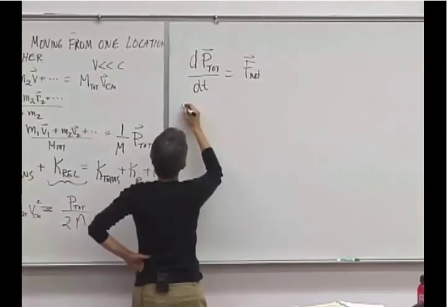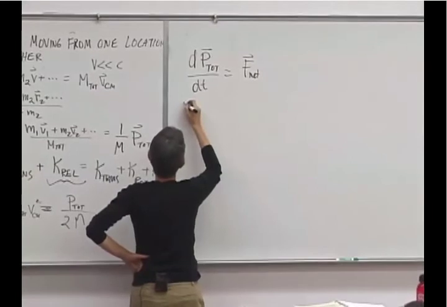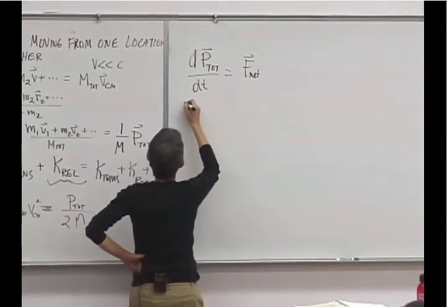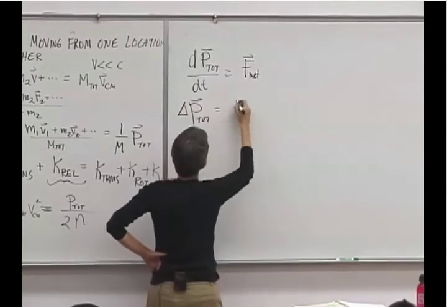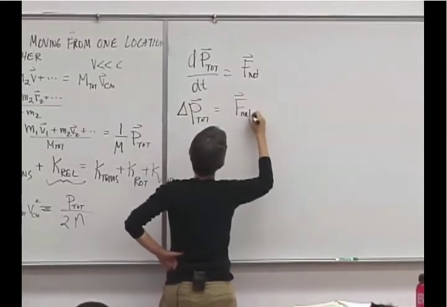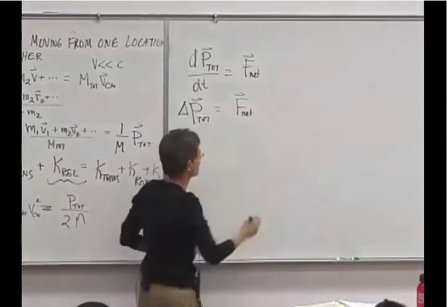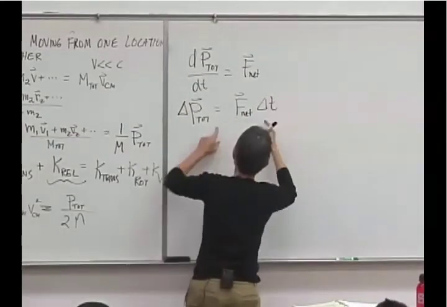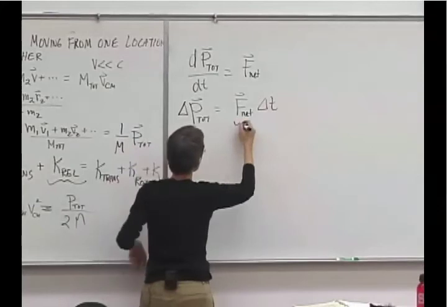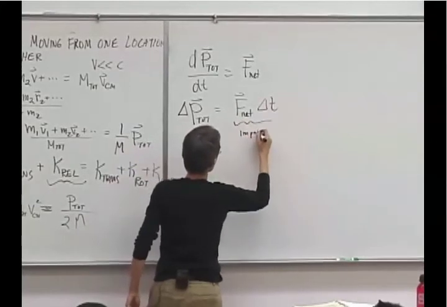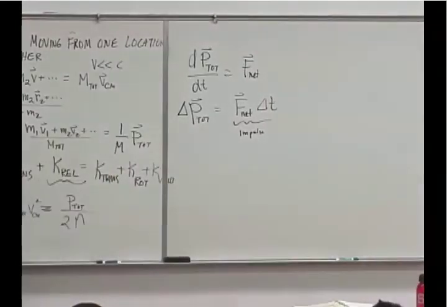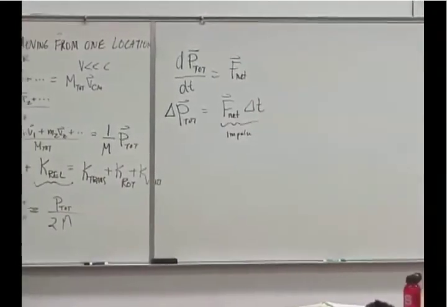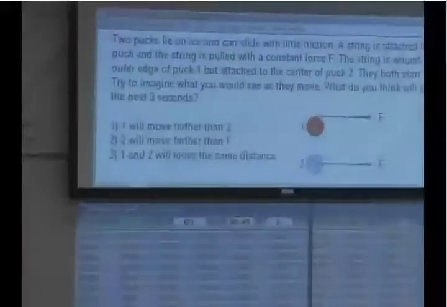Or, in the discrete finite-time version, the change in the total momentum of a system is the net force applied to it by objects in the surroundings times the time interval. This is the net impulse. So I want to ask you to think about the following system and see what you think is going to happen.